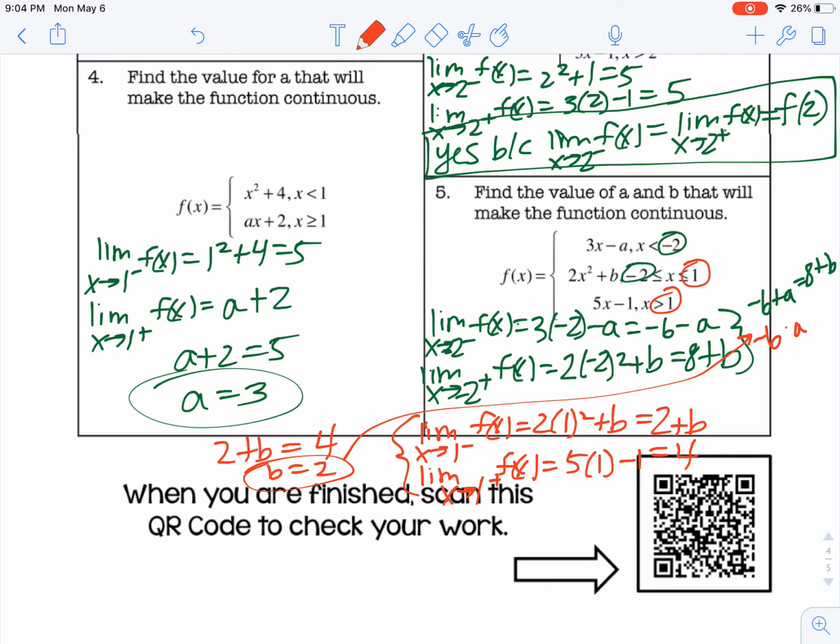Negative 6 minus a equals 8 plus 2. Negative 6 minus a equals 10. Negative 8 is 16. So a equals negative 16.